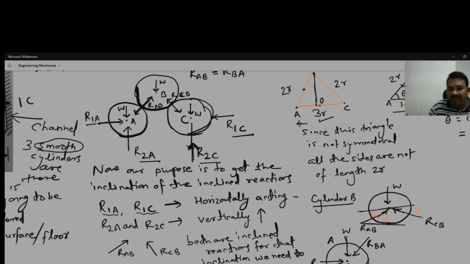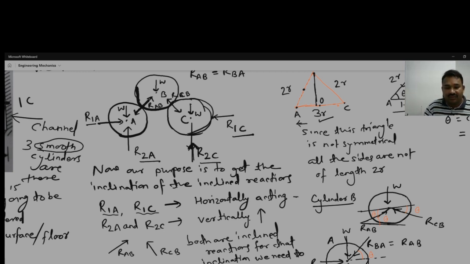Okay, and RBA is equal to RAB, as we know. So let us draw a line and extend all the lines of action of the forces. So this is here making 30 degree. This is the 30 degree.